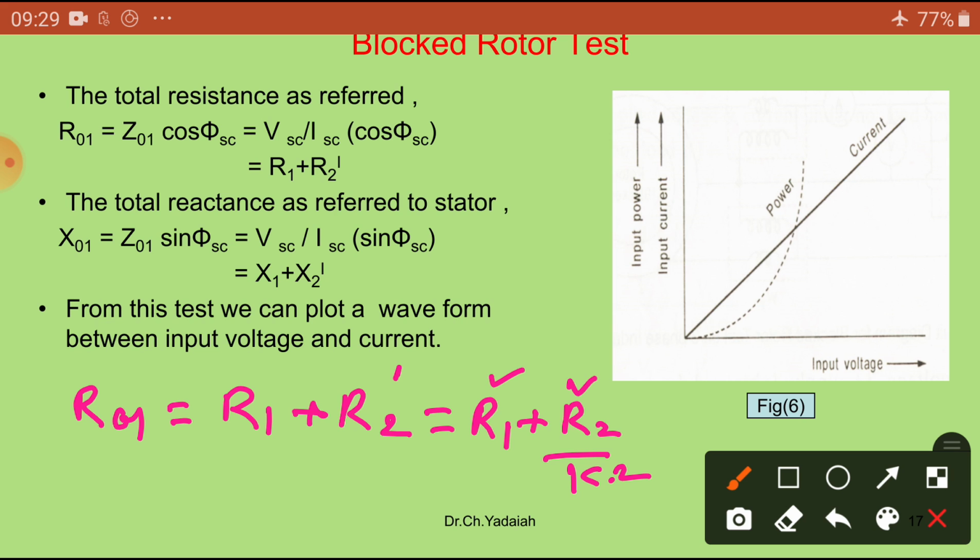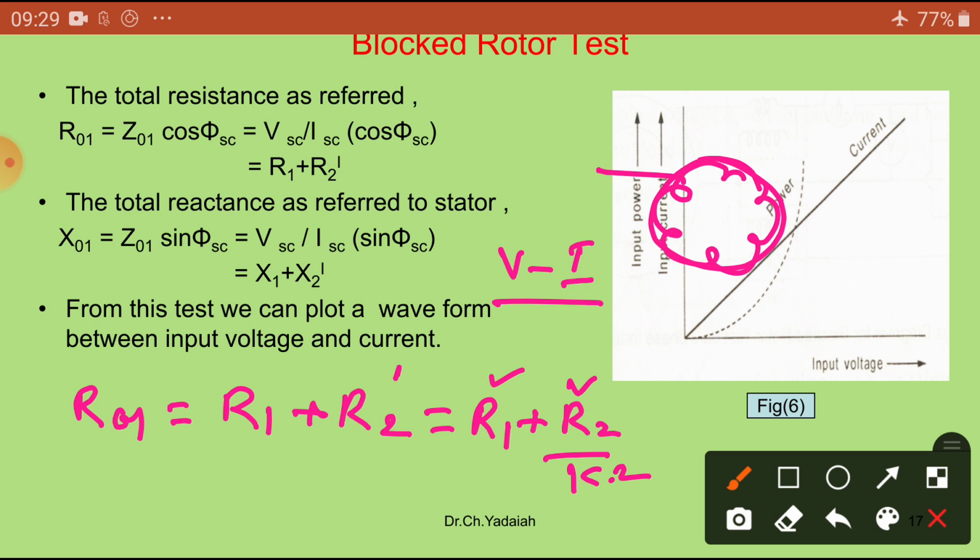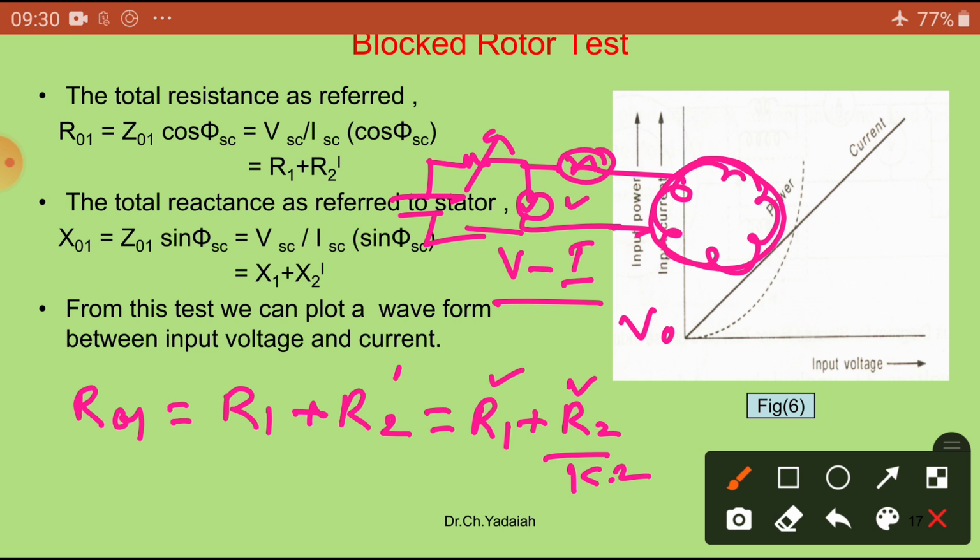Simply, I can use the VI method to find the resistance. The VI method means applying Ohm's law. Take the resistance, the coil, and give it some DC supply. I connect one ammeter and one voltmeter, and give the DC voltage through a variac. By changing the voltage, the voltmeter shows some reading and the ammeter also shows some reading.